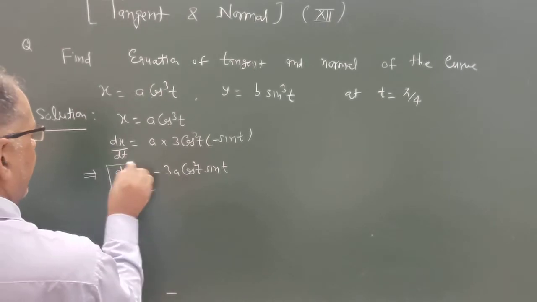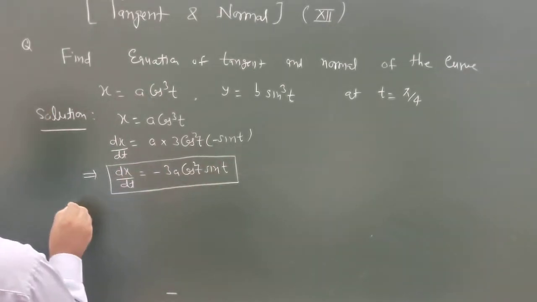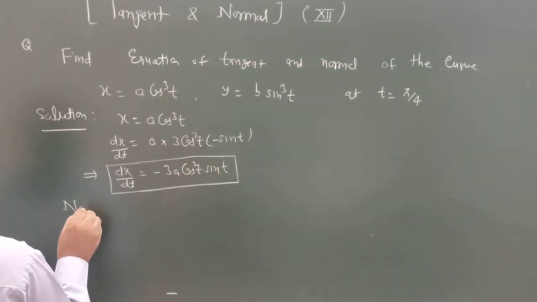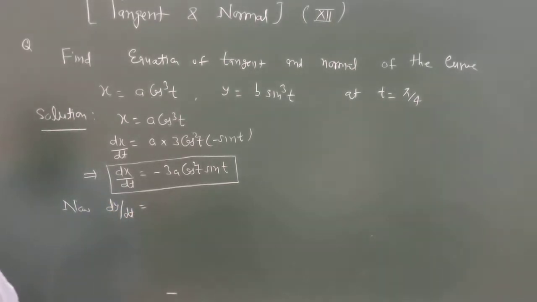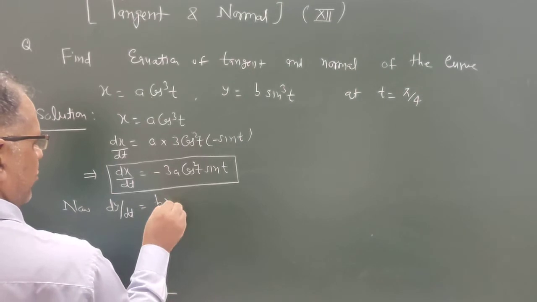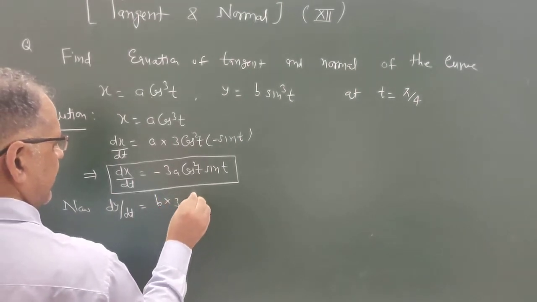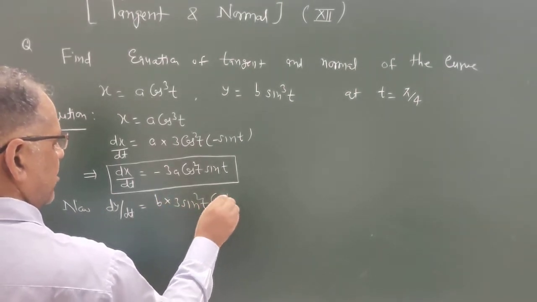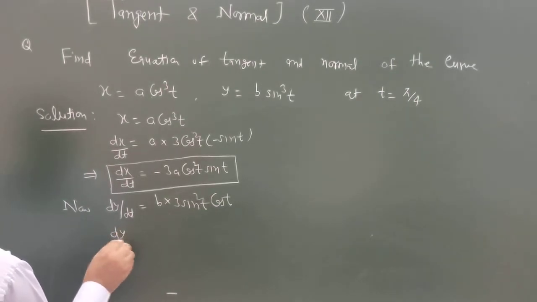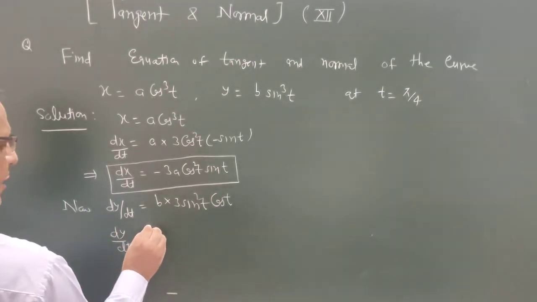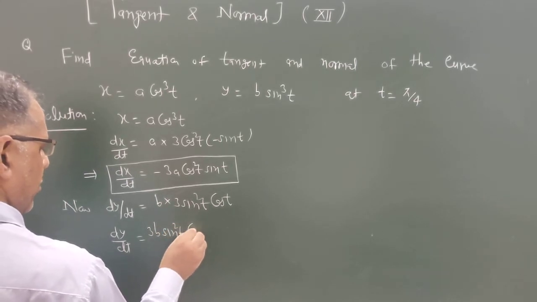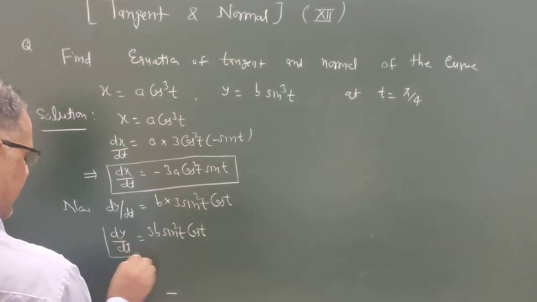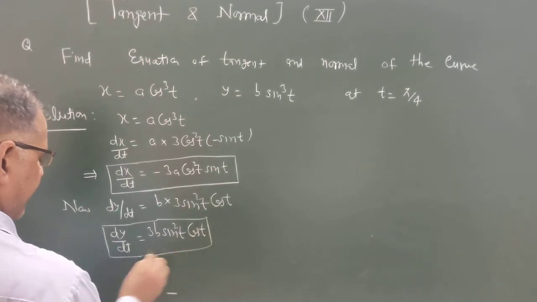Now dy over dt is given by b into 3 sin square t cos t, so dy upon dt can be arranged as 3b sin square t cos t.